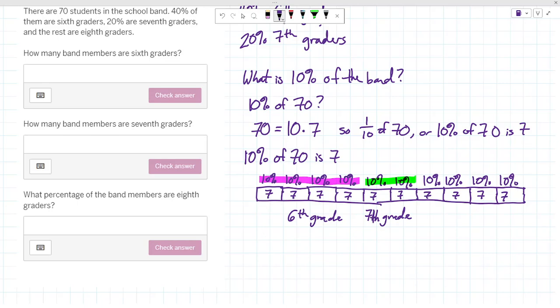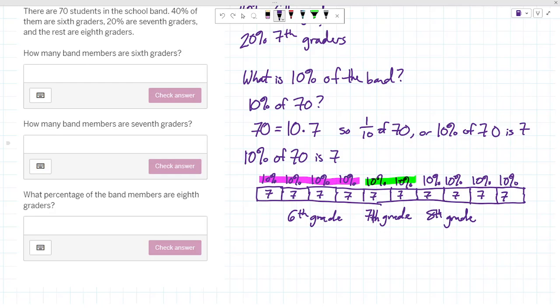And the rest of them are 8th graders. So how many band members are 6th graders? Well, look at all the groups in the 6th grade group. So we have 4 groups. You see that? 4 groups of 10%. Each of the groups has 7 students. So how many band members are 6th graders? You'll find that answer by doing 4 times 7. So find out what 4 times 7 is and then enter that in this box here.